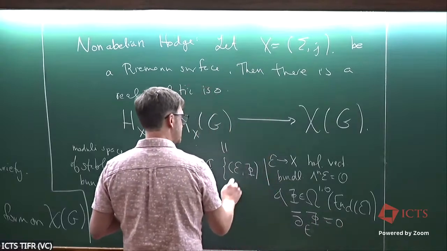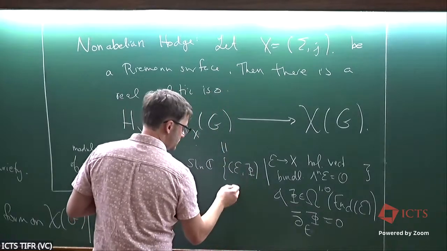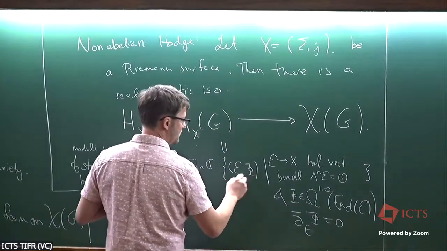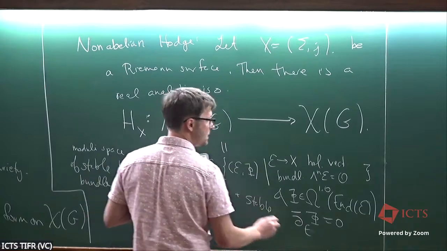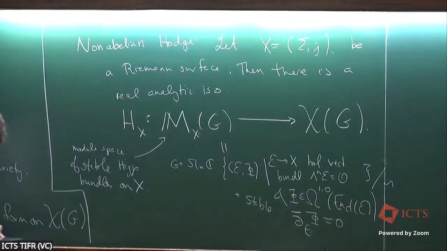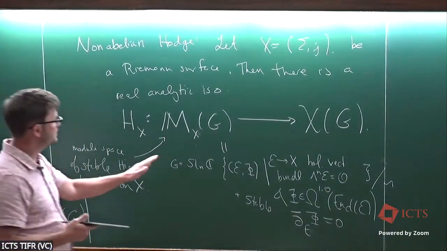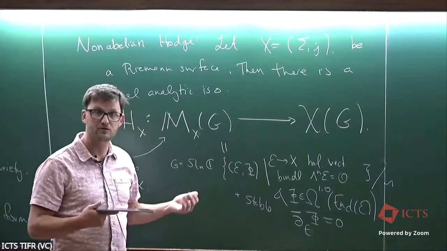Because it's some moduli space, and as Rui motivated, we're going to assume it's stable, up to some natural notion. So in particular, you need the Riemann surface to define them.